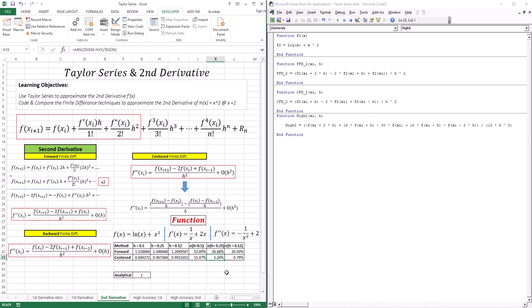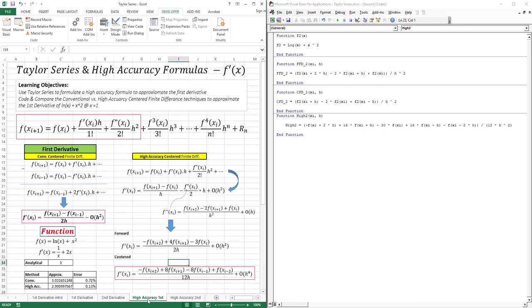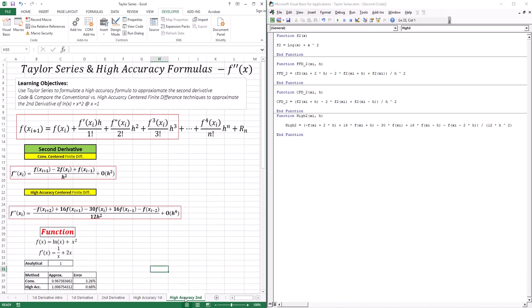And of course, we compared how they perform with each other, and we came up with the conclusion that the centered is always the most accurate, whether we're dealing with the second derivative or the first derivative. Now, with the high accuracy formulas, we decided to add another term in the Taylor series, and through manipulations, we came up with a more accurate formula. And we saw this by comparing the errors. And we did this as well for the second derivative. So this really marks the end of this lesson, and I will see you in the next lesson.